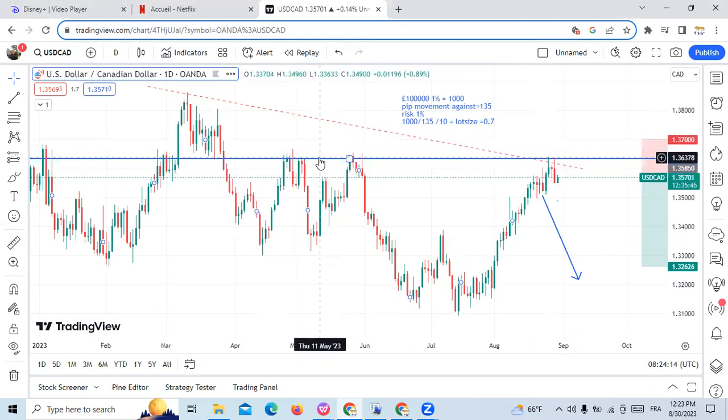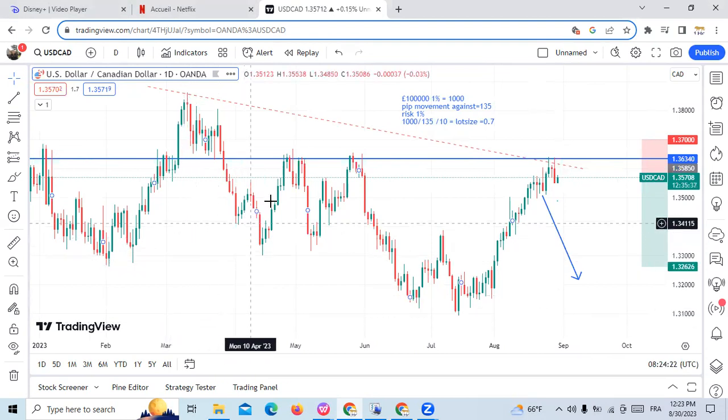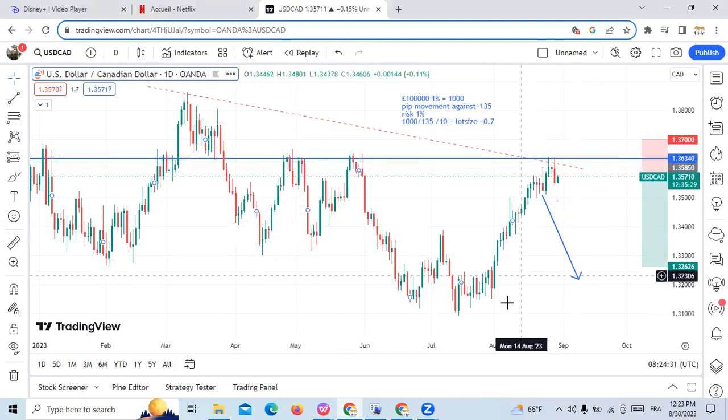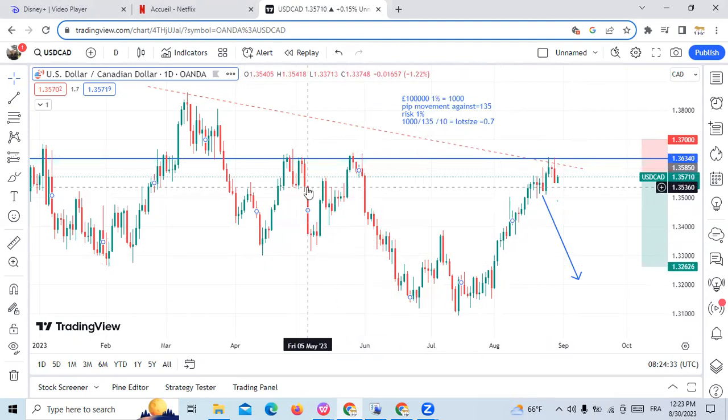Okay. Another, and this is one of the most important remarks I want you to take away from this, is this blue line. This blue line is also a resistance level or resistance zone, but it's horizontal, as you can see. Why do we call this a resistance line?